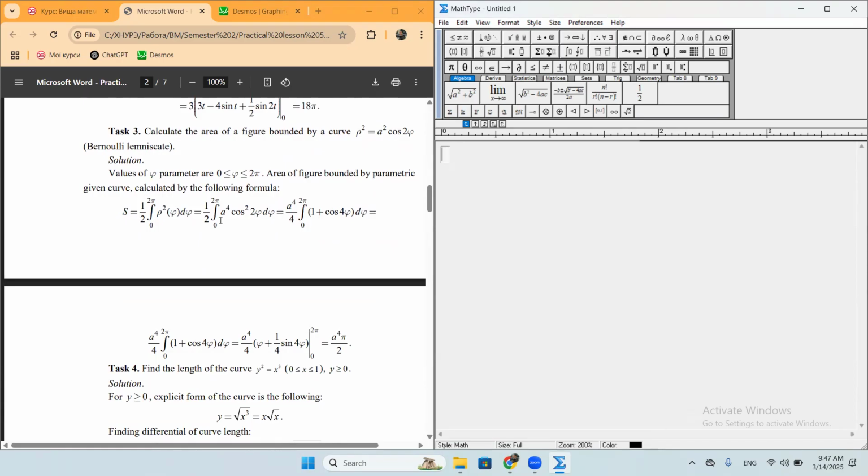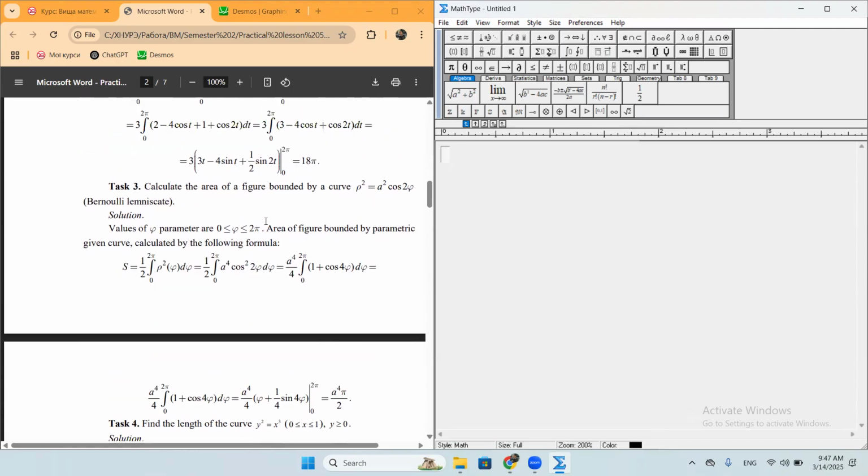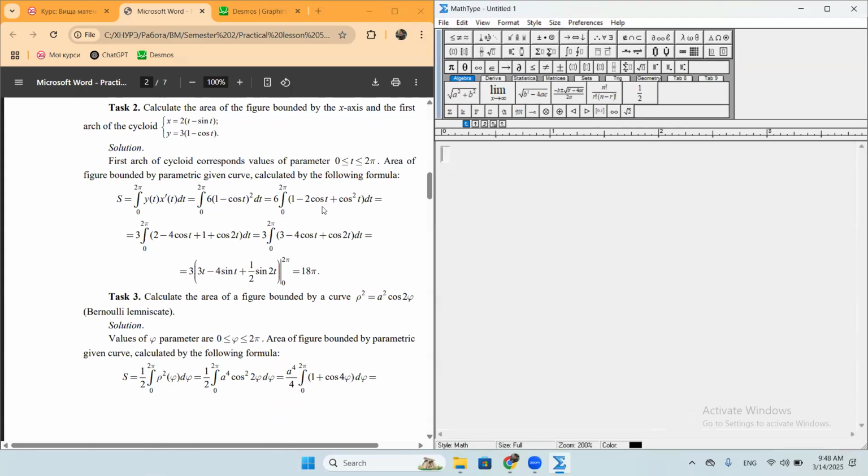Okay, and here we have the following figure. We have to calculate the area of the Bernoulli lemniscate, and the formula for curves in polar coordinates is the following. 1 over 2 integral from alpha to beta, which can be any different values actually.